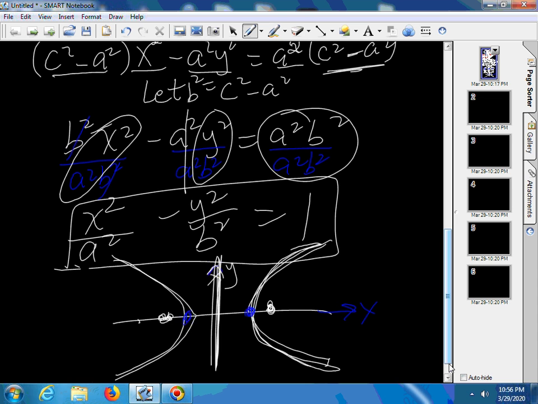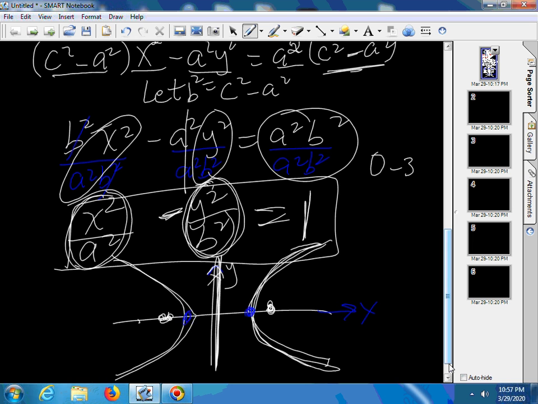Okay, and the reason is, if x were 0, then that would be 0. And this piece is either 0 or positive. Let's suppose it's positive. So now you have 0 minus a positive quantity equaling 1. And if you take away a positive quantity from 0, you never get 1. 0 take away k is 1.